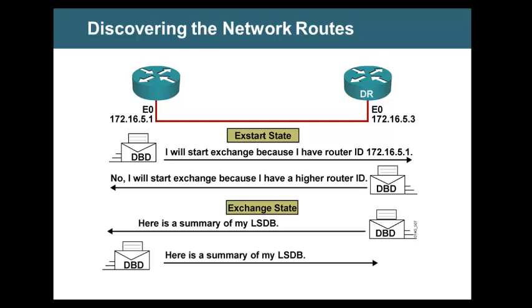The one with the higher router ID will always initiate, the others will follow. So who will exchange first is decided in exstart state, and they exchange accordingly. What do they exchange? They exchange DBD. What is DBD? It is the summary of LSDB.